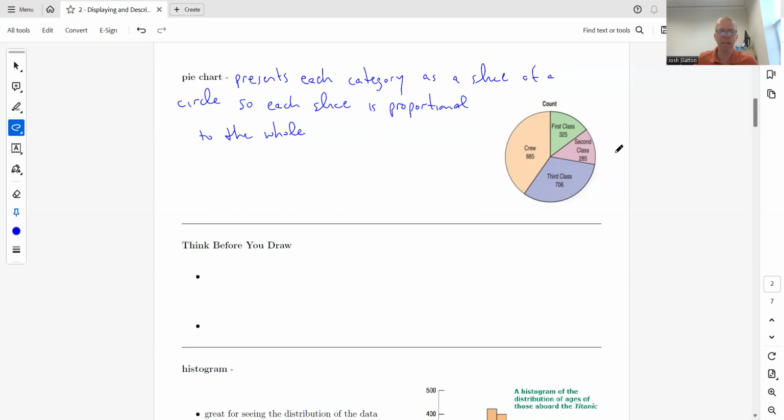And then think before you draw. So you always need to ask: is the variable categorical? Is the variable quantitative? And then the other thing you need to pay attention to is with categorical variables, the categories should not overlap.